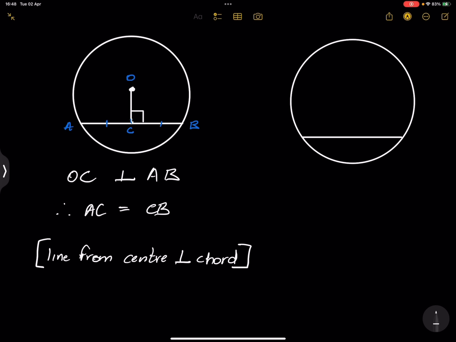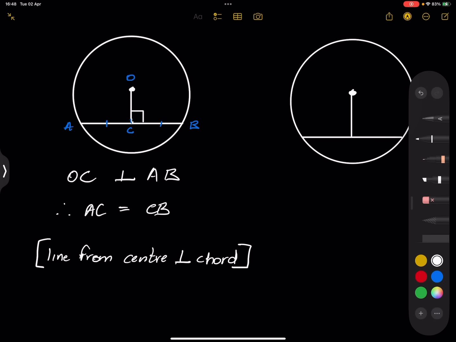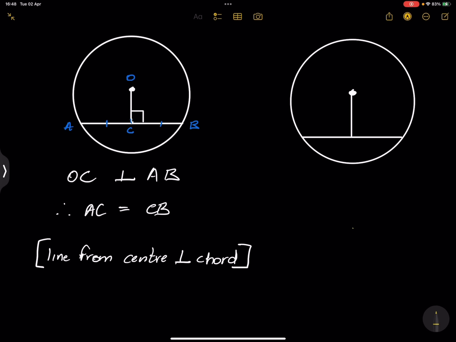Now, if we draw again, suppose that we've got our chord, and we draw a line from the center. I know my center is not really nicely centered. Let's suppose again we've got center O, we've got AB, and now we are given that AC is equal to CB.